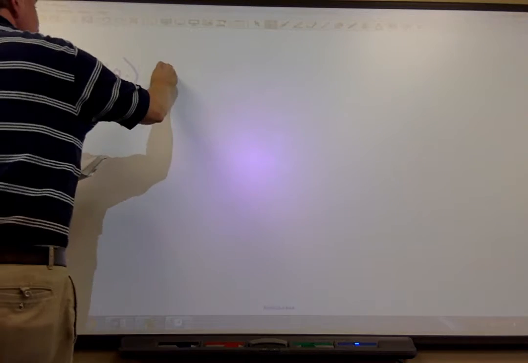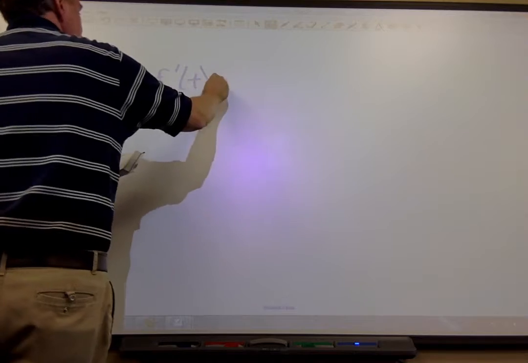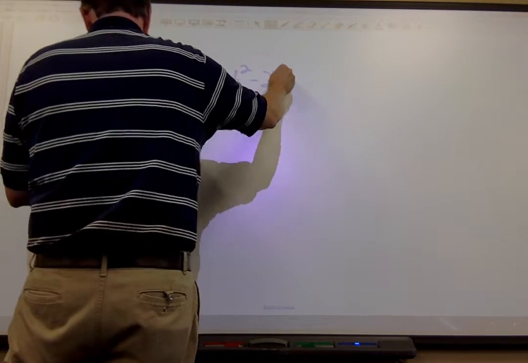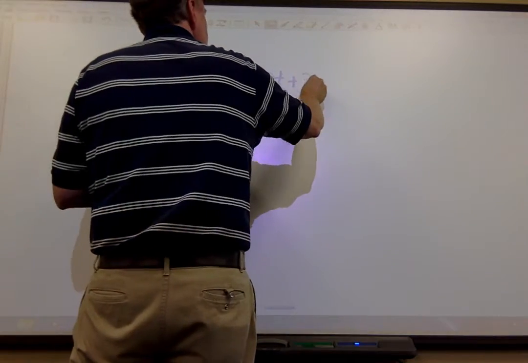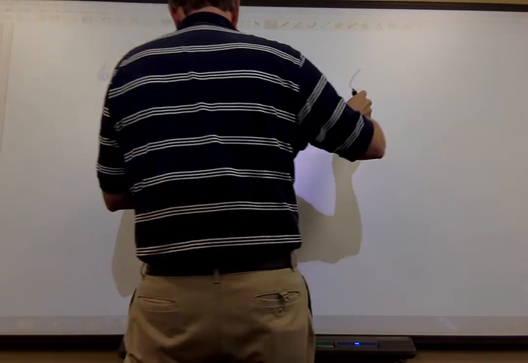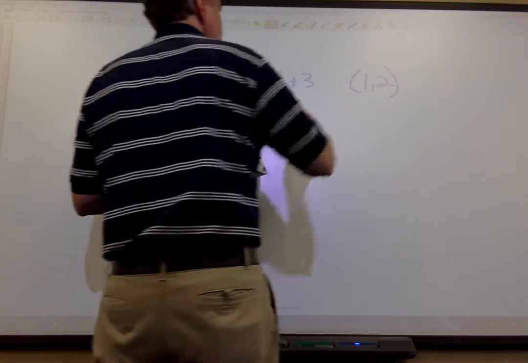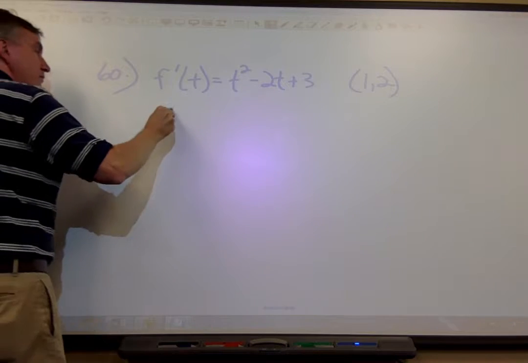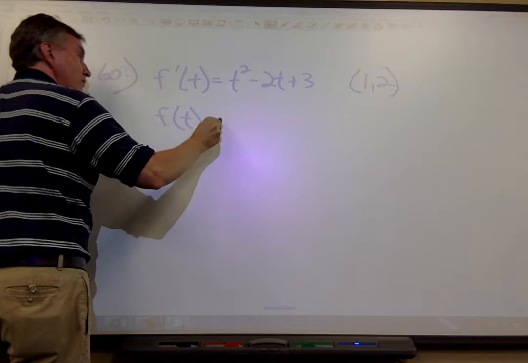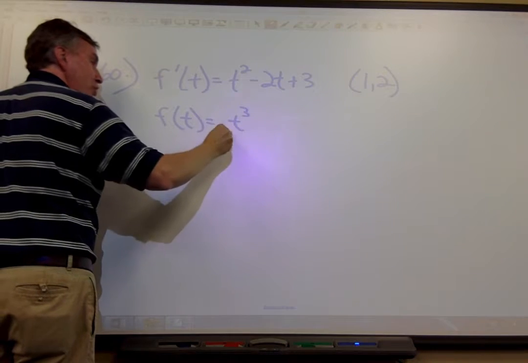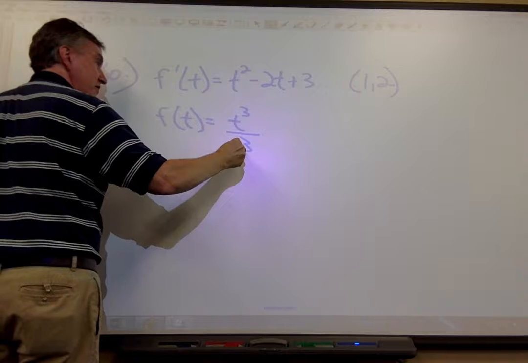It says f prime of t is t squared minus 2t plus 3, and the graph of f passes through 1, 2. So what's f? t cubed over 3. Good.